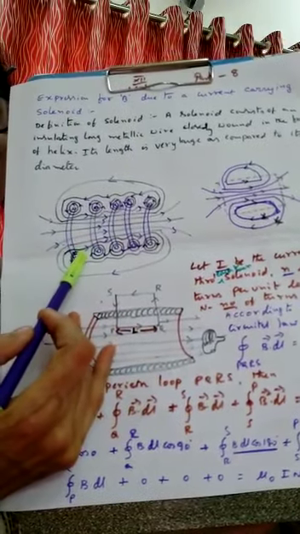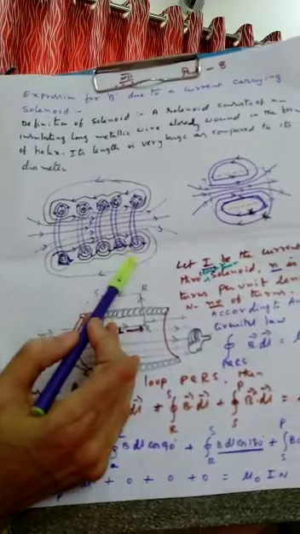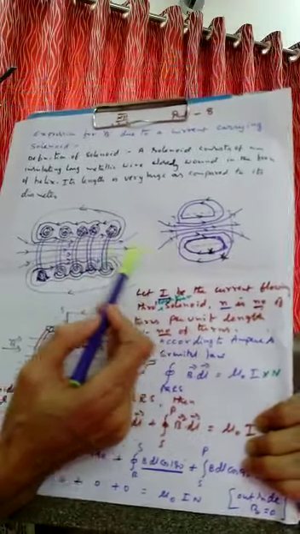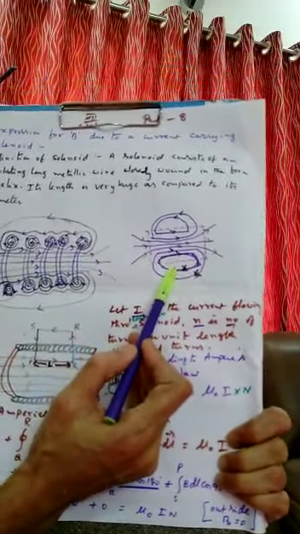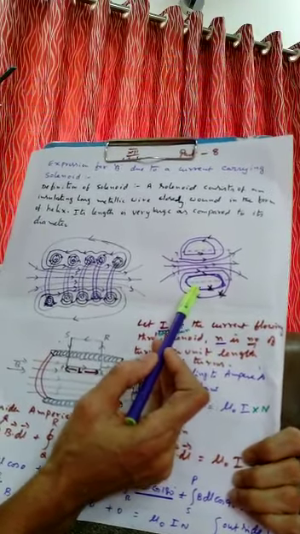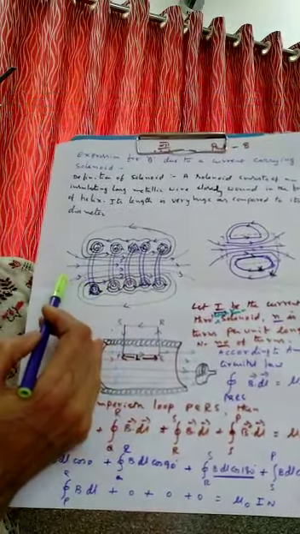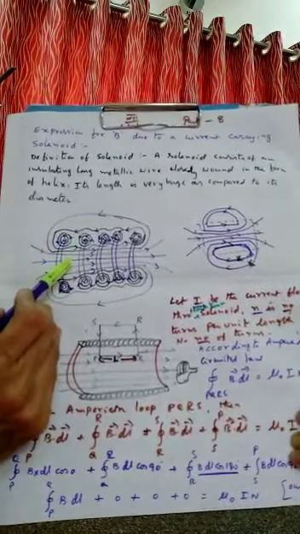So how to locate the poles of the solenoid? A solenoid behaves like a bar magnet. See the bar magnet field lines you have studied in 10th class also. They start from the North Pole and close at the South Pole. You know how to locate the poles also. If the current flows anti-clockwise, that edge will be the North Pole.